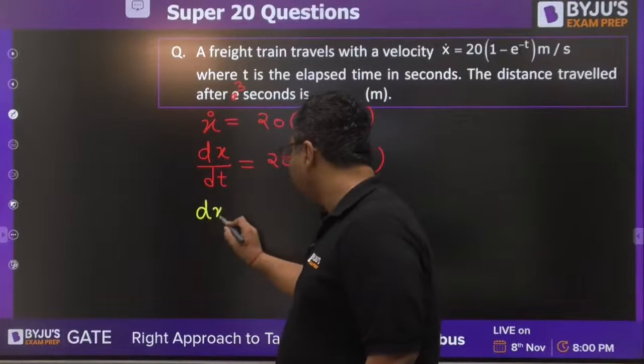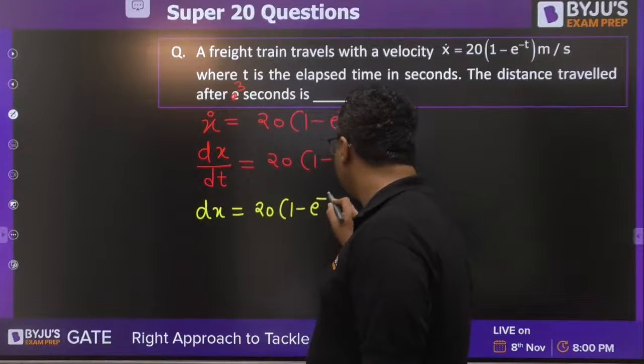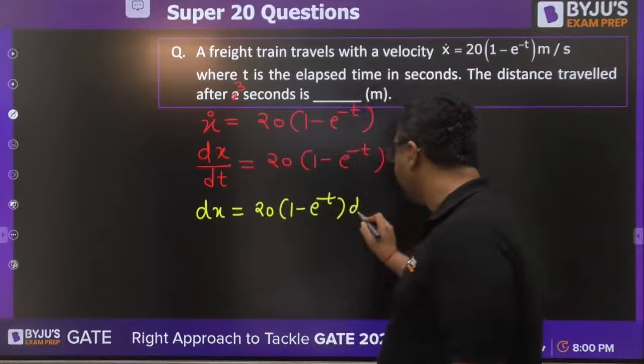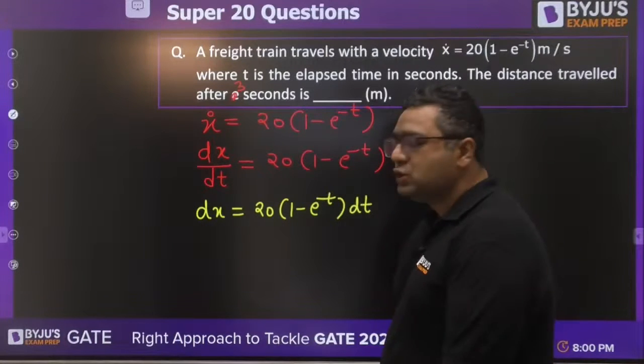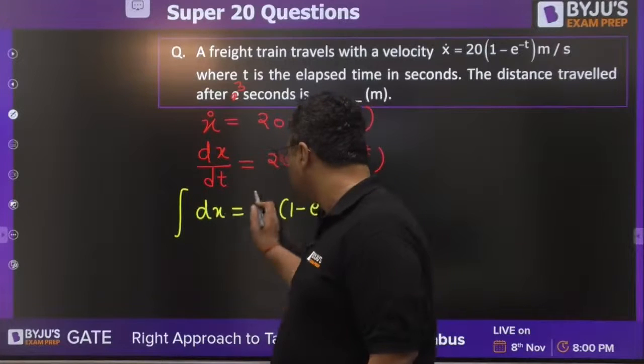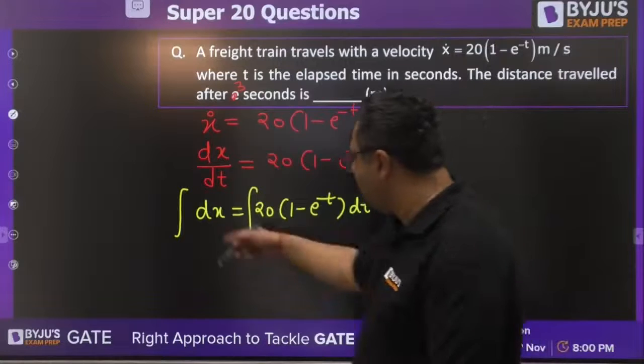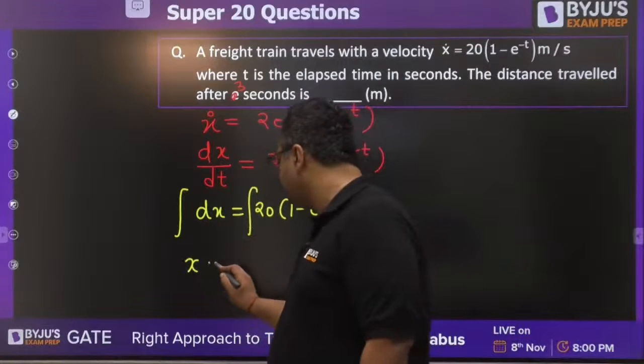You can write this as dx equals 20 (1 minus e to the power minus t) dt. So you need to find the distance traveled, and we will go for the integration. The integration of dx will become x.